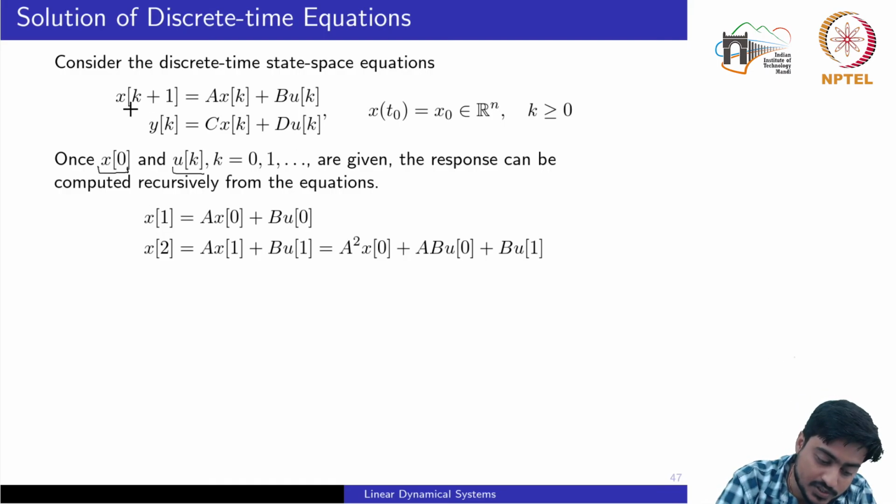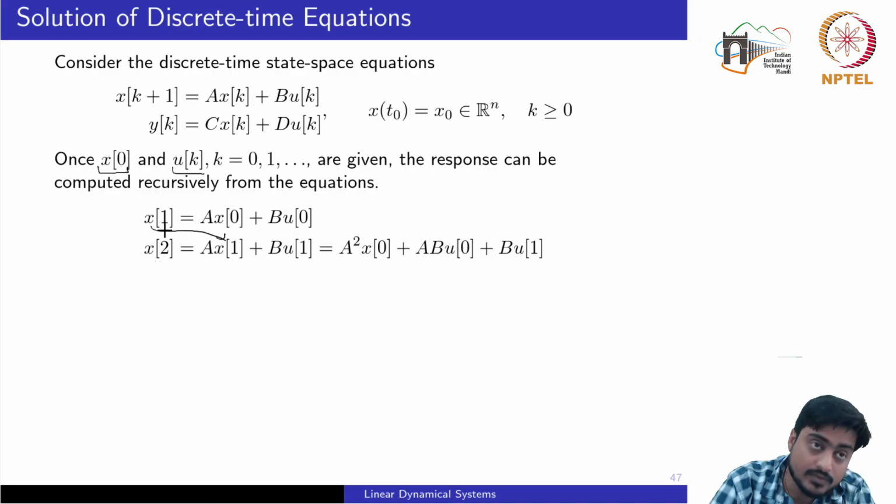Say, for example, if I put k equal to 0 in this equation, I would get x1 equal to A x0 plus B u0. Let's put k equal to 1. I would have x of 2 equal to A into x of 1 plus B into u of 1. I can replace this x1 by this expression to finally have A square into x0 plus AB into u of 0 and B times u of 1.